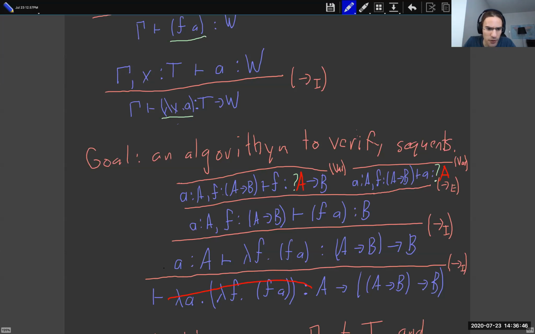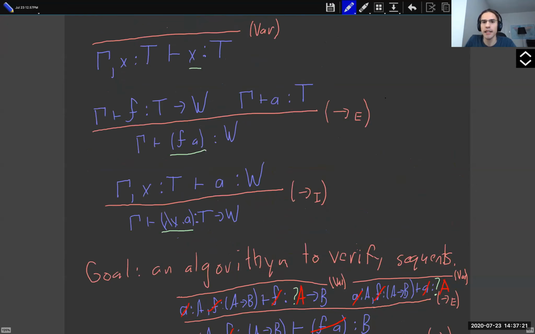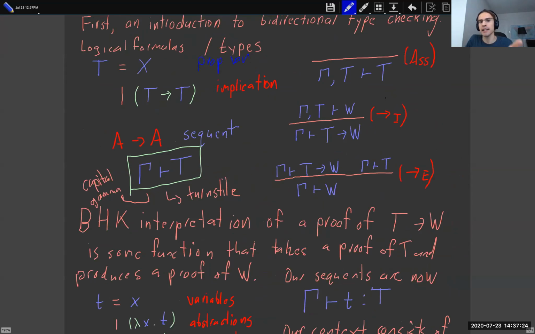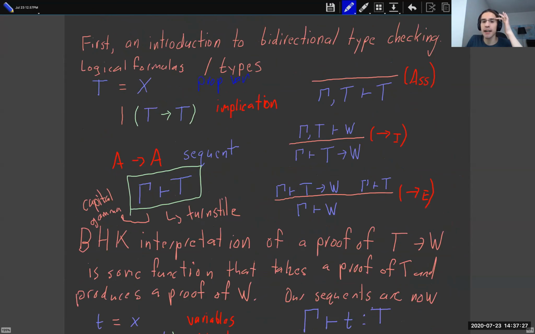If I cross out the proof terms, then what I have here now, if you ignore that, is a proof tree for the sequent: in an empty context, that logical formula is provable. And that sequent is a proof tree that is constructed using these three inductive rules of reasoning.